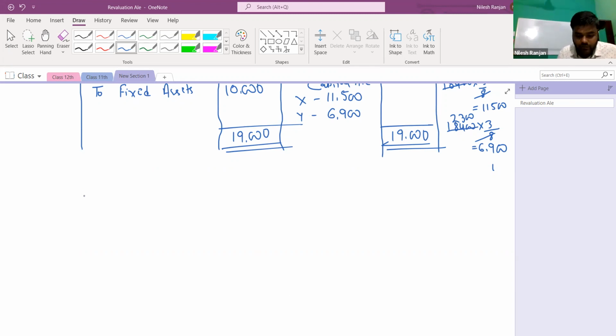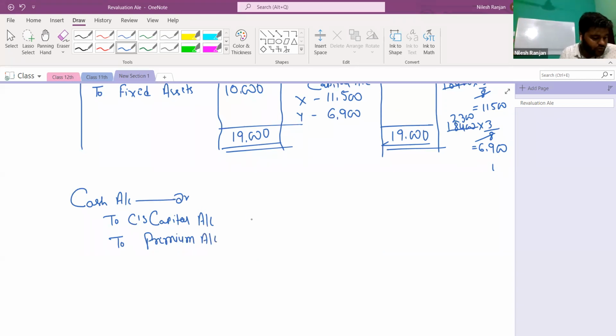So the first entry will be cash account debit to C capital account, and to premium for goodwill account. And what will be the amount? That is 20,000 as his capital and 12,000 of goodwill. So he is bringing 32,000 in cash.